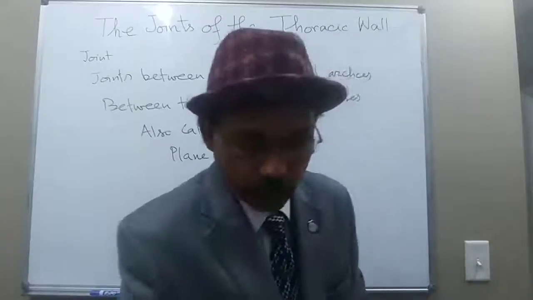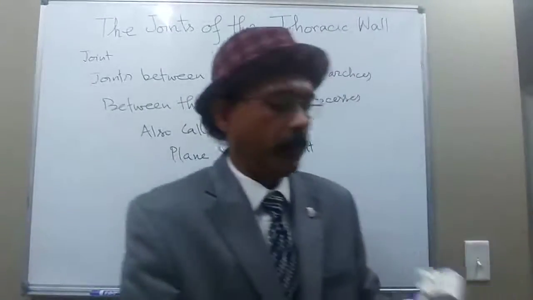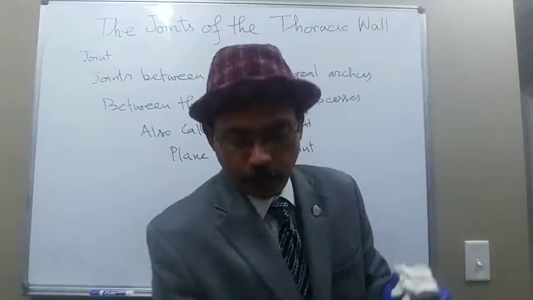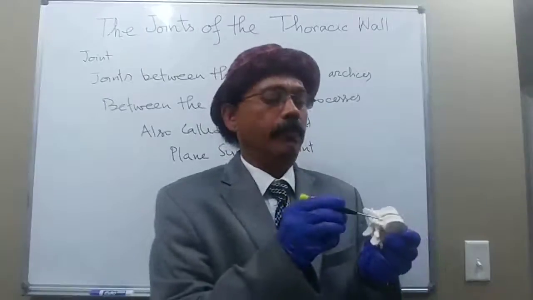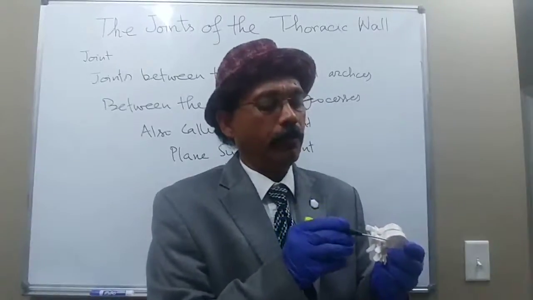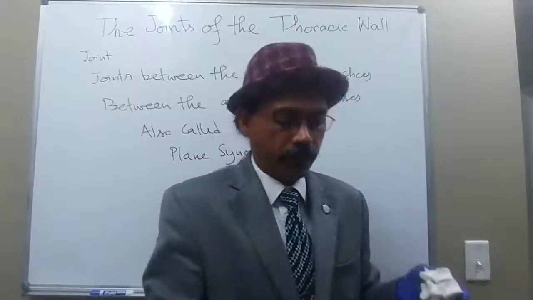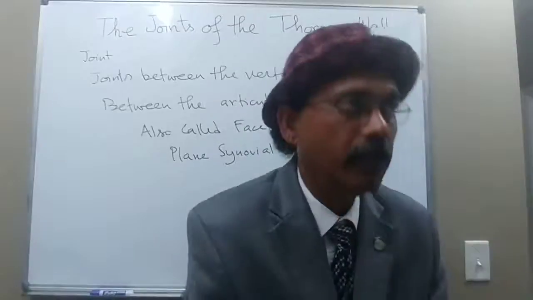Now we'll go to the joint between the rib and the vertebral body. On the vertebral body, we have the costal facets: superior costal facet and inferior costal facet. So you have to know that part.